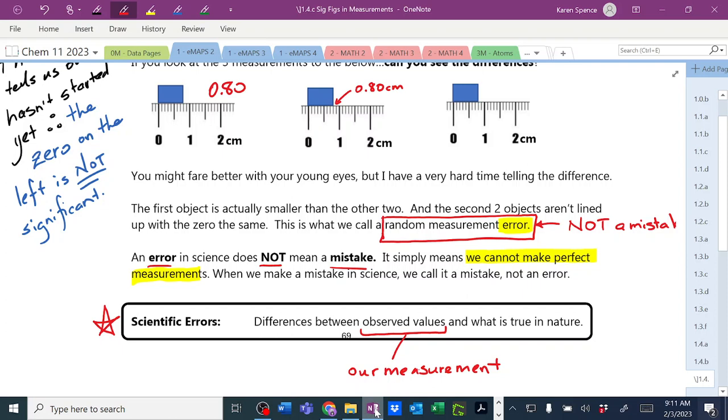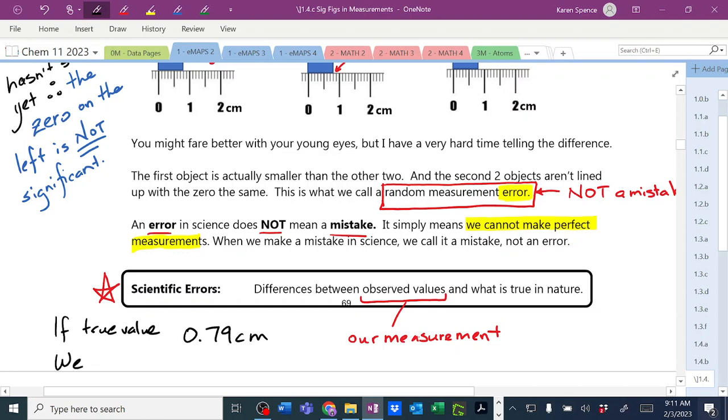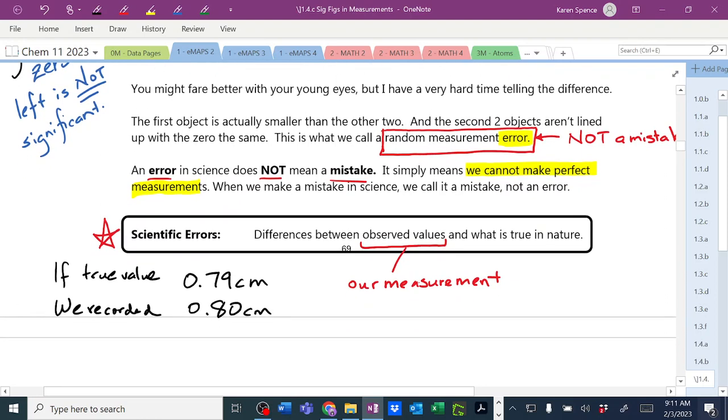If the true value of that little blue box was 0.79 centimeters, and we recorded 0.80 centimeters, then that would be our margin of error.